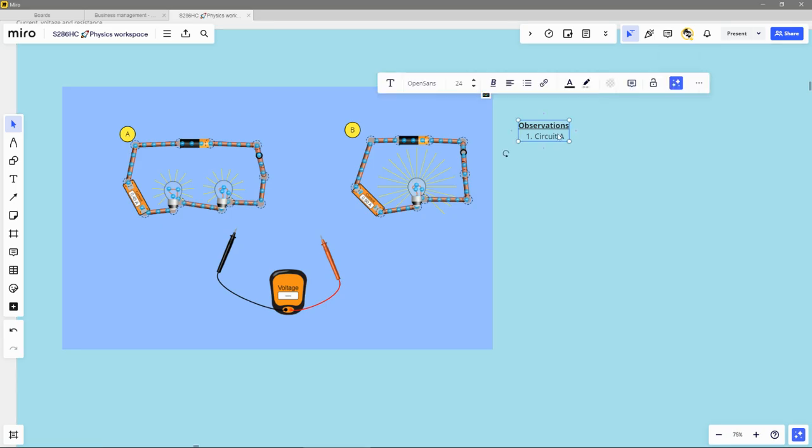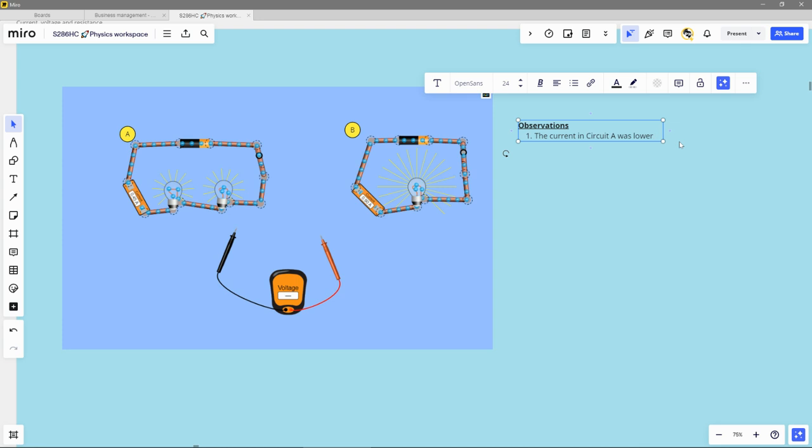Okay, so let's have a quick think about this then. What were our observations? I've got circuit A, circuit B. We can say the current in circuit A was lower.